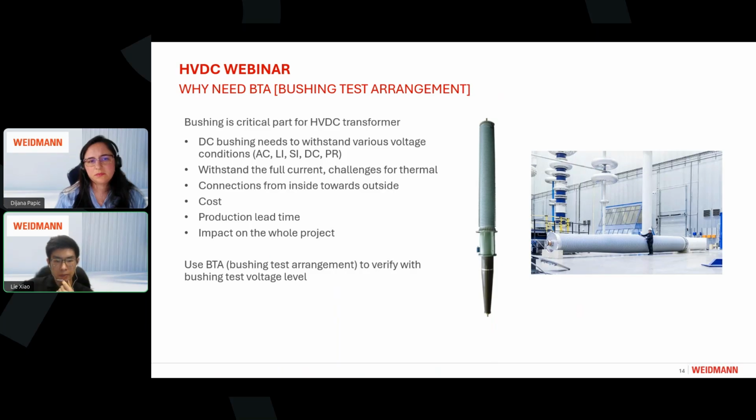So the bushing needs to guide the high voltage conductor through the equipment. And for the bushing test voltage, normally it's 10% to 20% higher than the transformer test voltage. And we use the bushing test arrangement, BTA, to verify the bushing and define the lead exit design methodology. Next page, please.